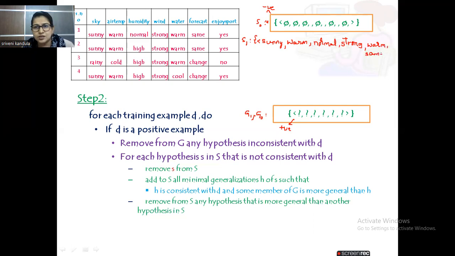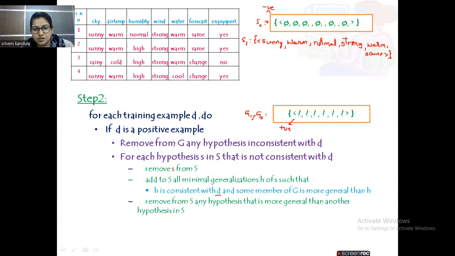This is my specific hypothesis S1. Now this will classify my example as positive, and this is a positive example. So h has become consistent with the current example. And some member of G is more general than h. Yes, this general hypothesis is more general when compared to this hypothesis.